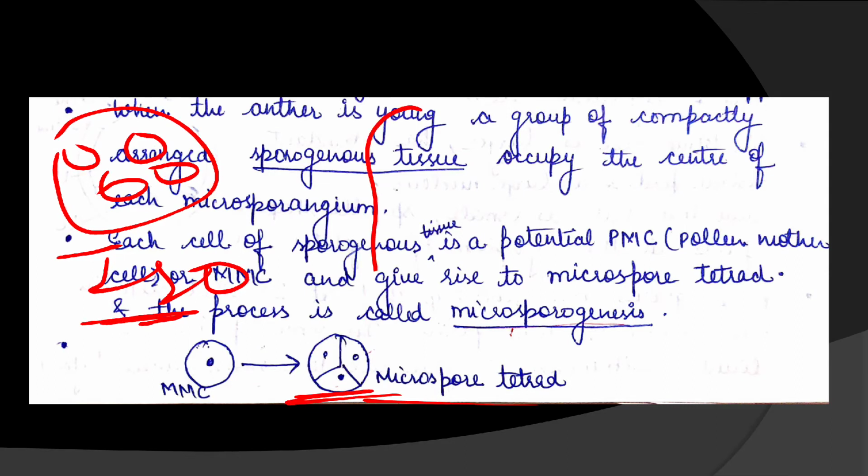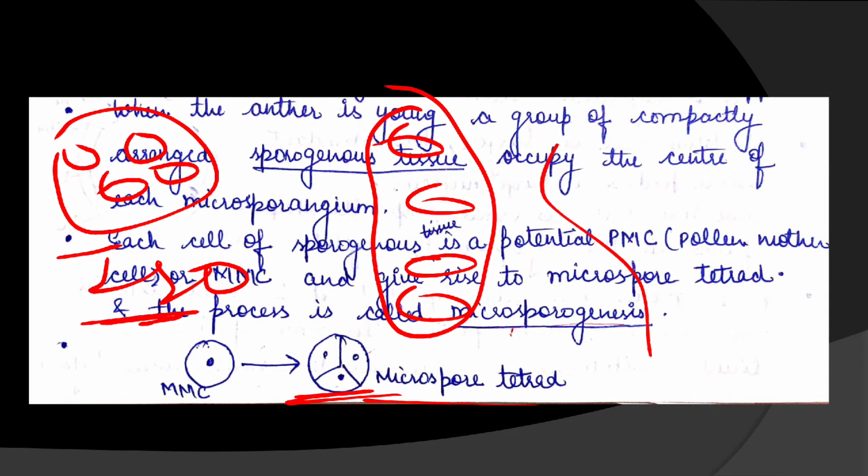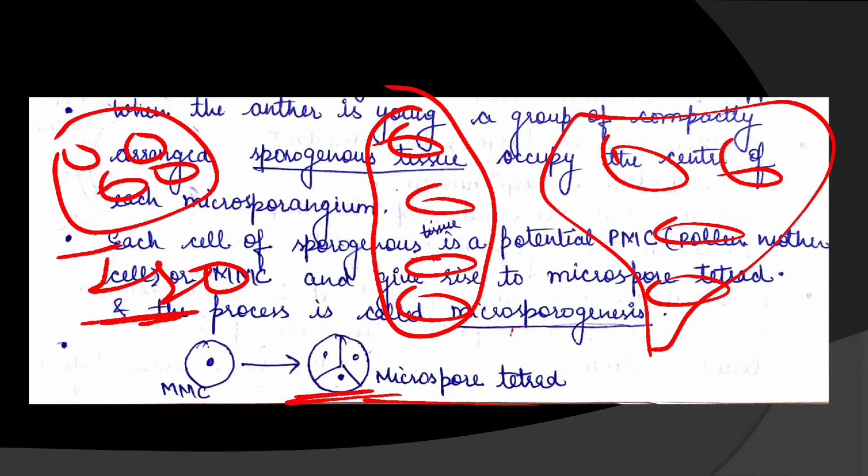Few more are there. This is linear and this one is T shape. So these are also there in some cases. For example, in Asclepias you will find linear arrangement, whereas in Aristolochia you will see T type of arrangement of microspore tetrad.